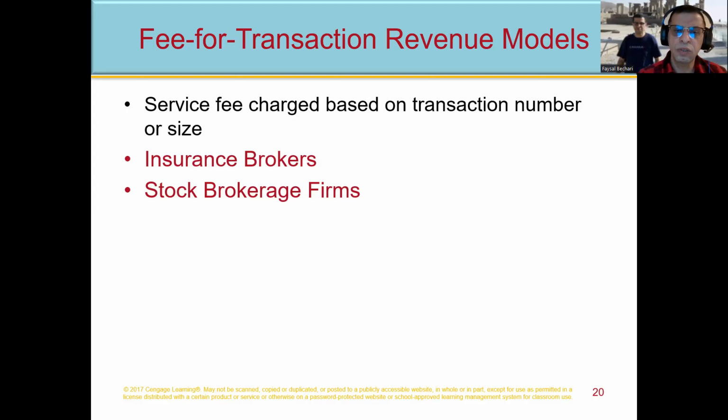It's a service fee charged based on the transaction numbers or size. Probably when you want to wire money internationally, there are apps online. You can download them and they charge you a transaction fee. And then you have the insurance brokers also, and the stock brokerage firms do that too.